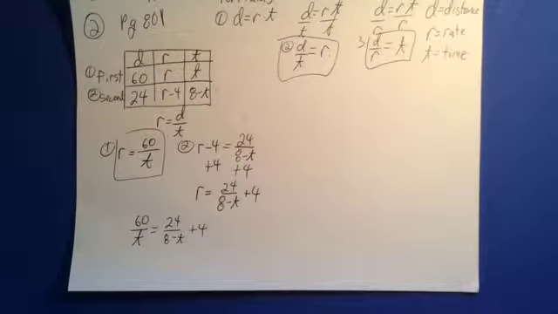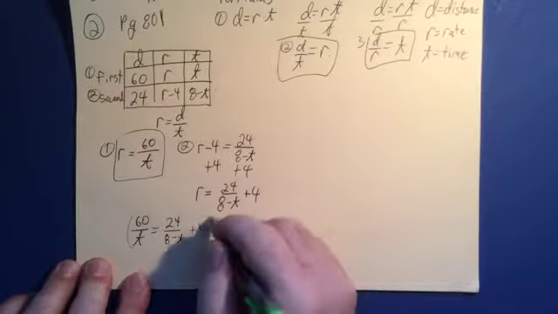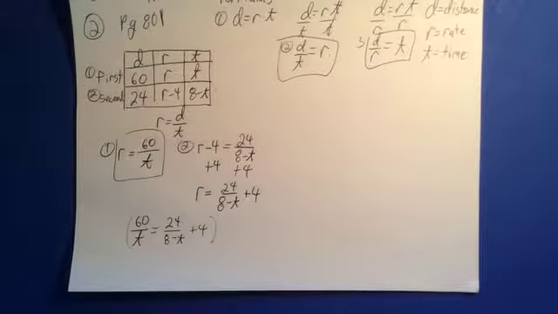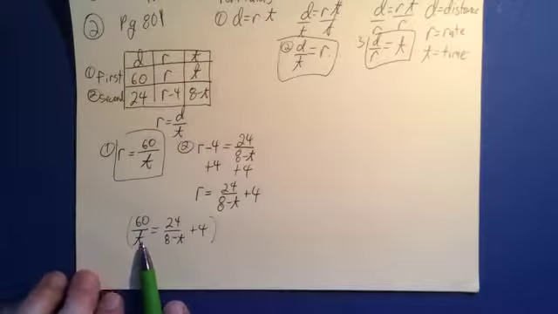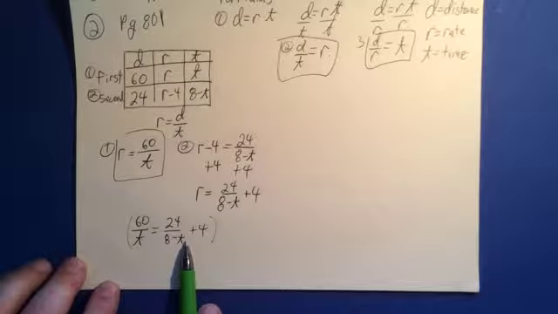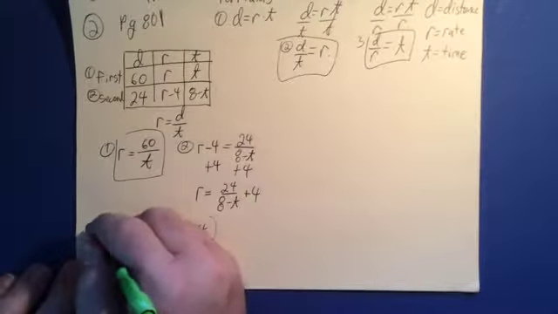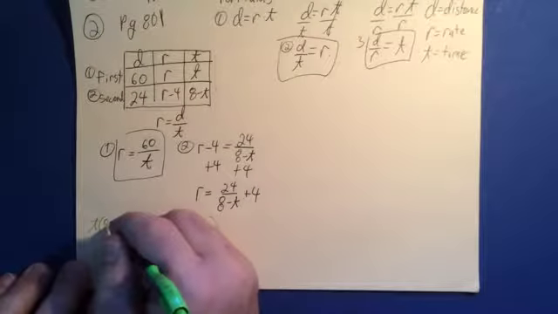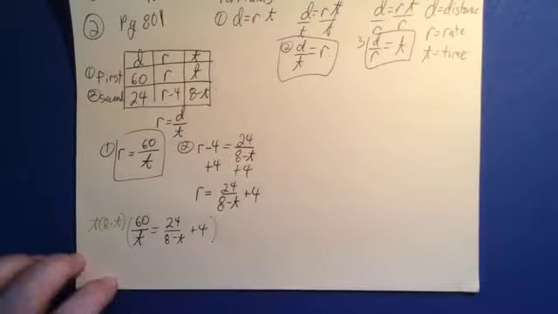Now, in this part of the problem, we can see we have an awful lot of fractions going on here. And wouldn't it be nice to simplify those fractions? So what do we have to do? We have to take a look at what we have for a common denominator, or least common denominator. Here we have t, and here we have 8 minus t. So I'm going to multiply everything by t times 8 minus t.